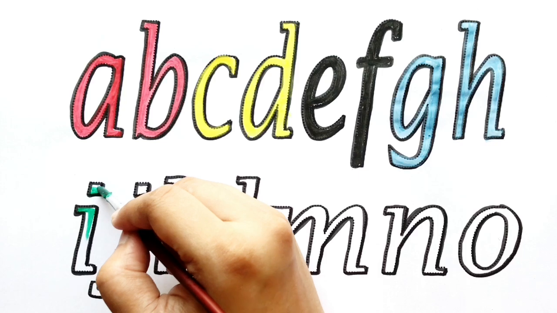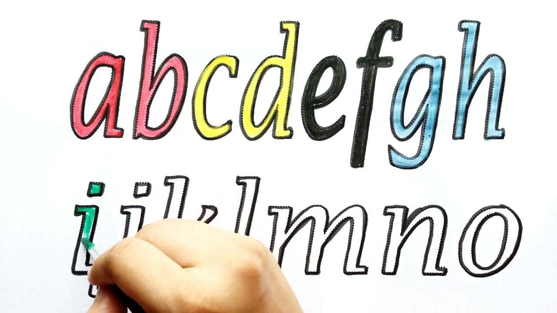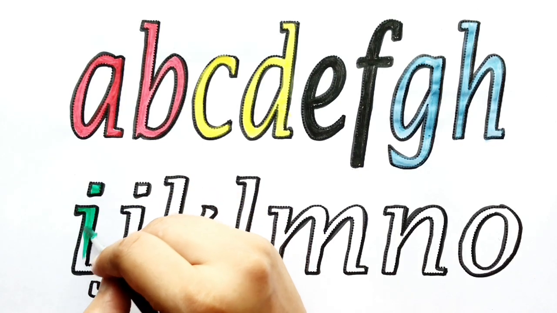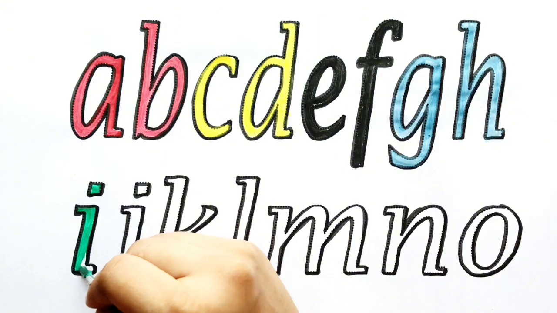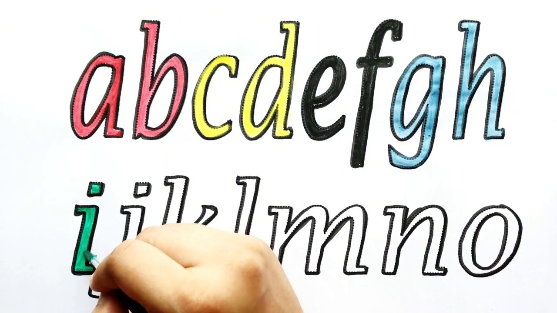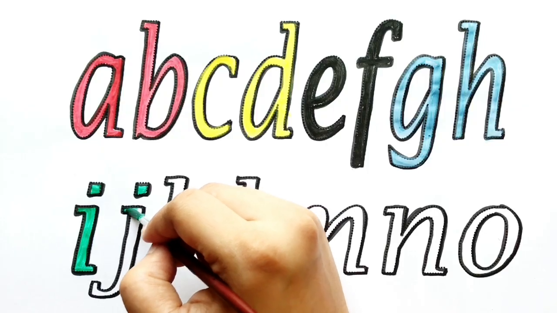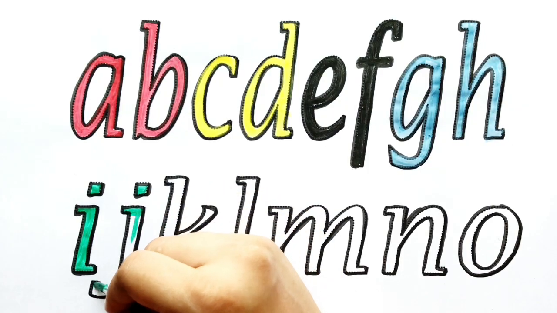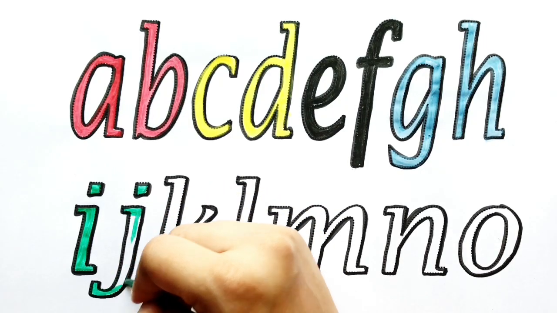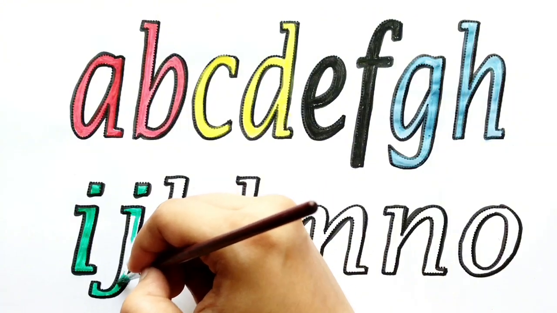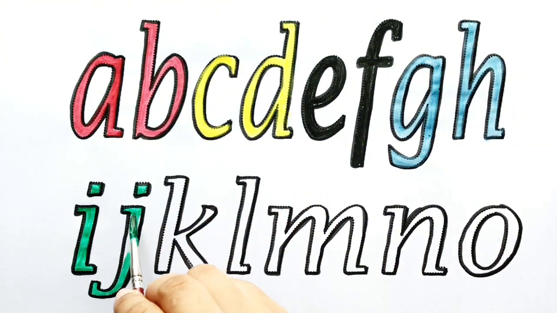Green color. I for ice cream. J for jelly.